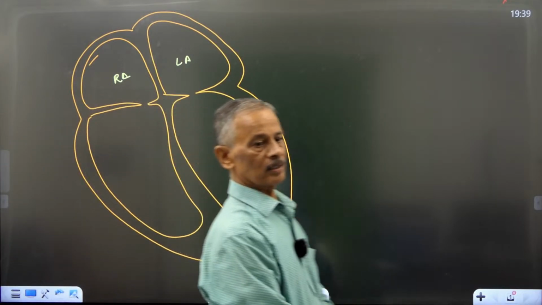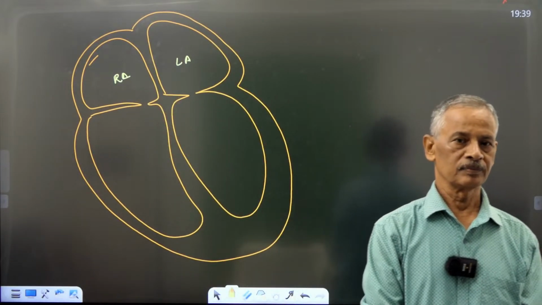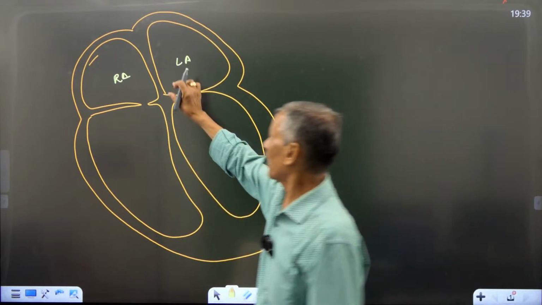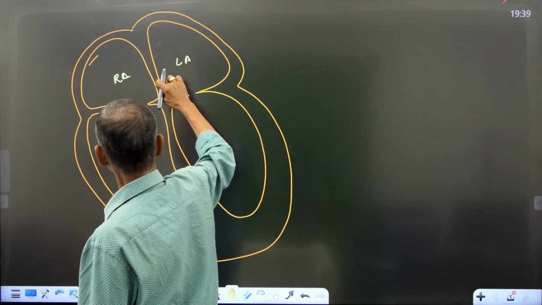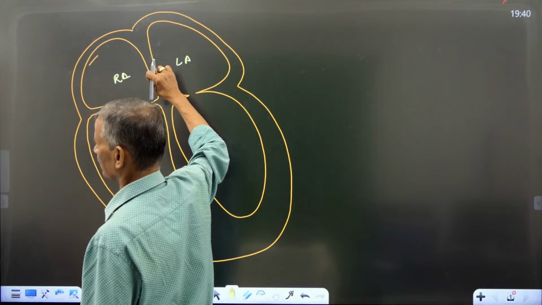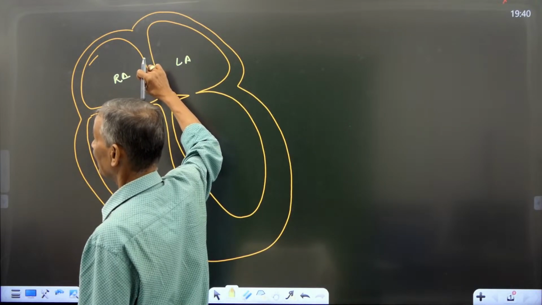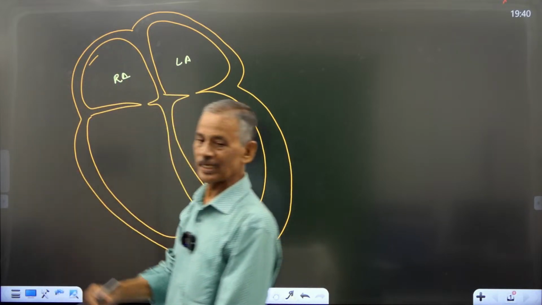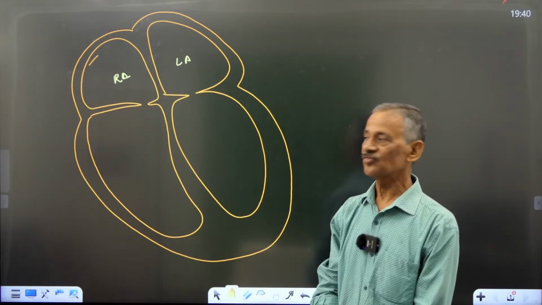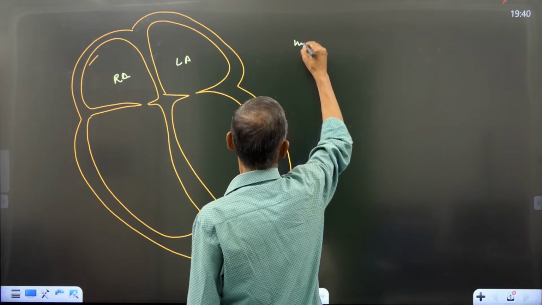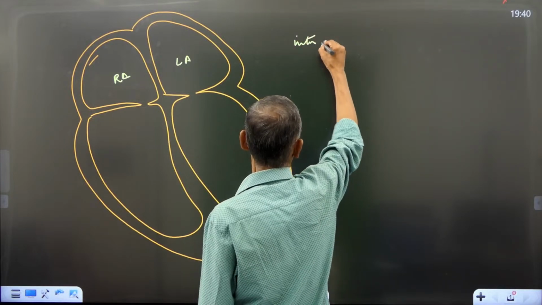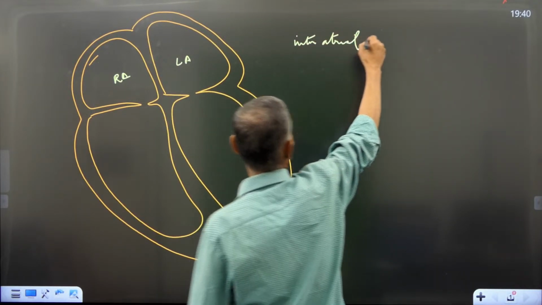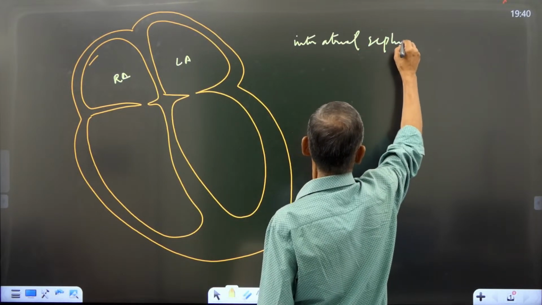Atria are thin-walled and they are separated by a small, thin muscular partition, which is called interatrial wall or interatrial septum. Inter means in between, so interatrial, in between the atria. Septum is cross-wall.